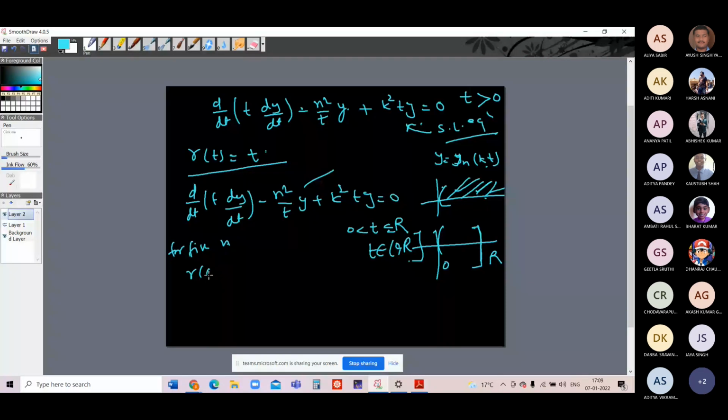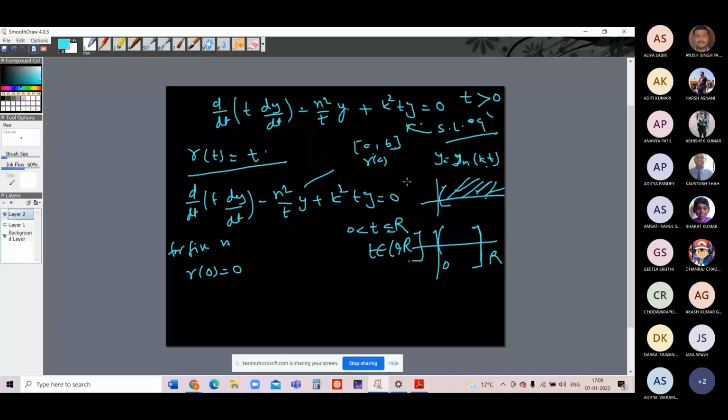If r(0) is 0, that is at the lower end a, we know that if a Sturm-Liouville equation is defined on the interval a to b, and at either of the end points the coefficient r multiplying dy by dt is 0, at either of these points or both of the points a and b, then this SLP is known as a singular SLP, singular Sturm-Liouville problem.